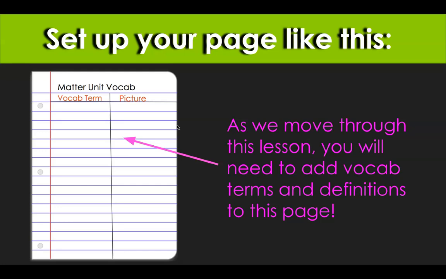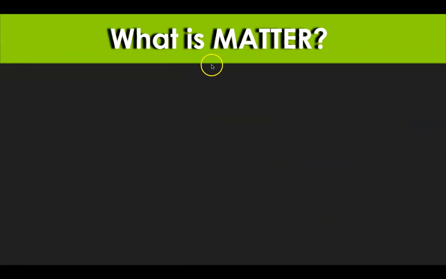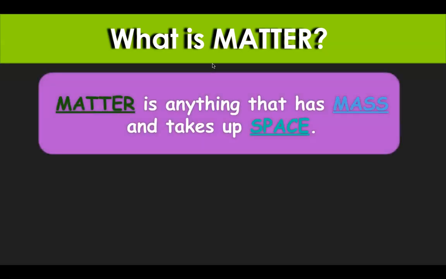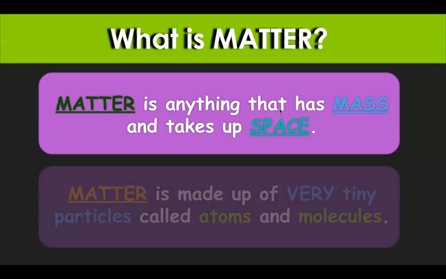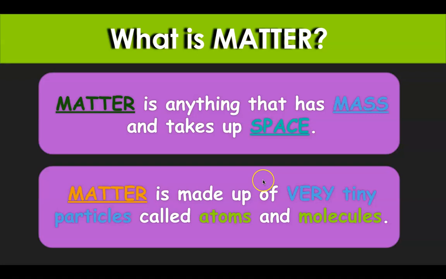All right, our first vocab term is matter. So write down the word matter and then write down this definition. Matter is anything that has mass and takes up space. It's anything that weighs something and that takes up some space. And it's made of very tiny particles called atoms and molecules.